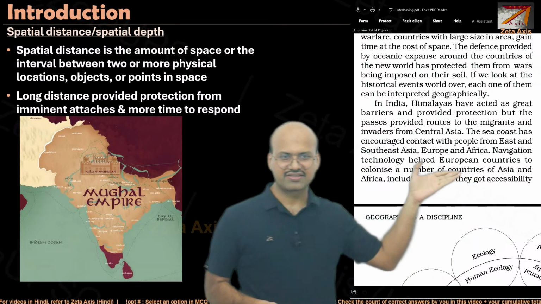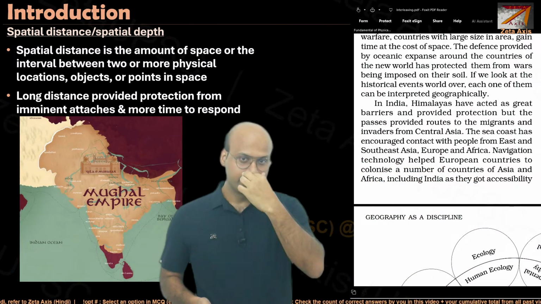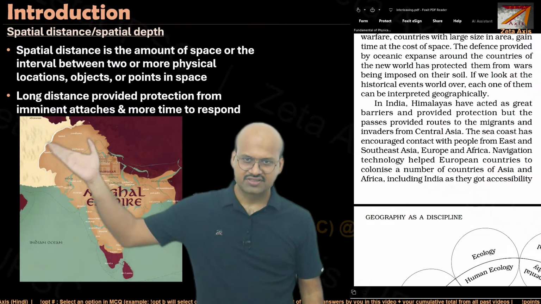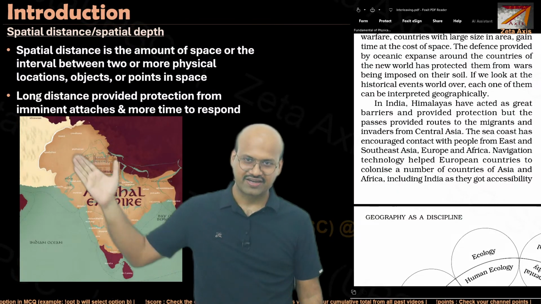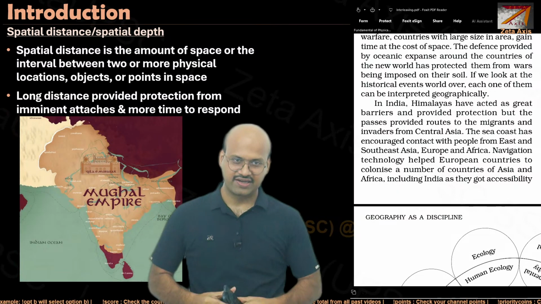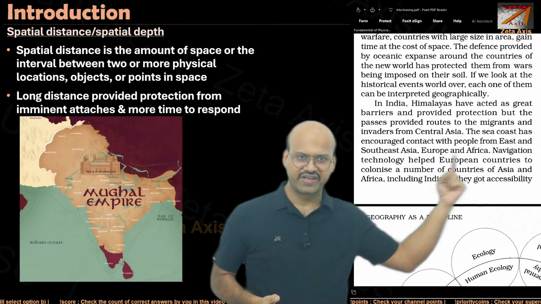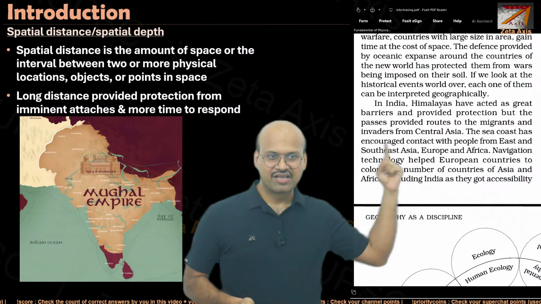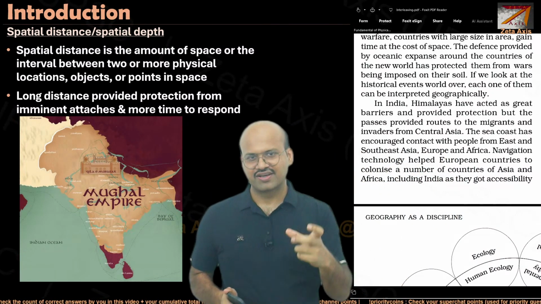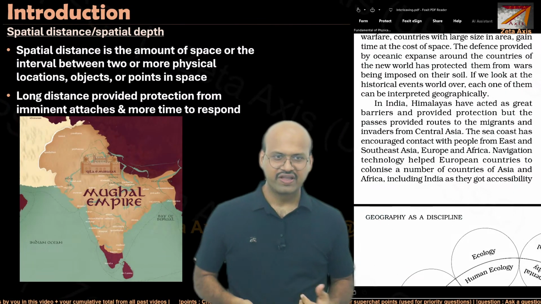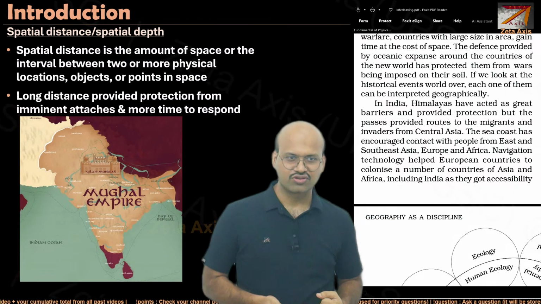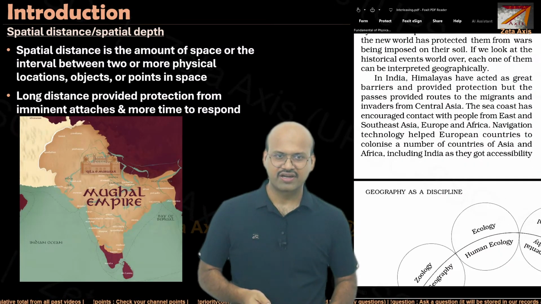So they are saying that there are defenses, but even the defenses have passes which people have used to attack India. They also talk about navigation technology. Even though Europeans were very few in number, they were able to capture large regions because of their technology, and they also got accessibility because of it.